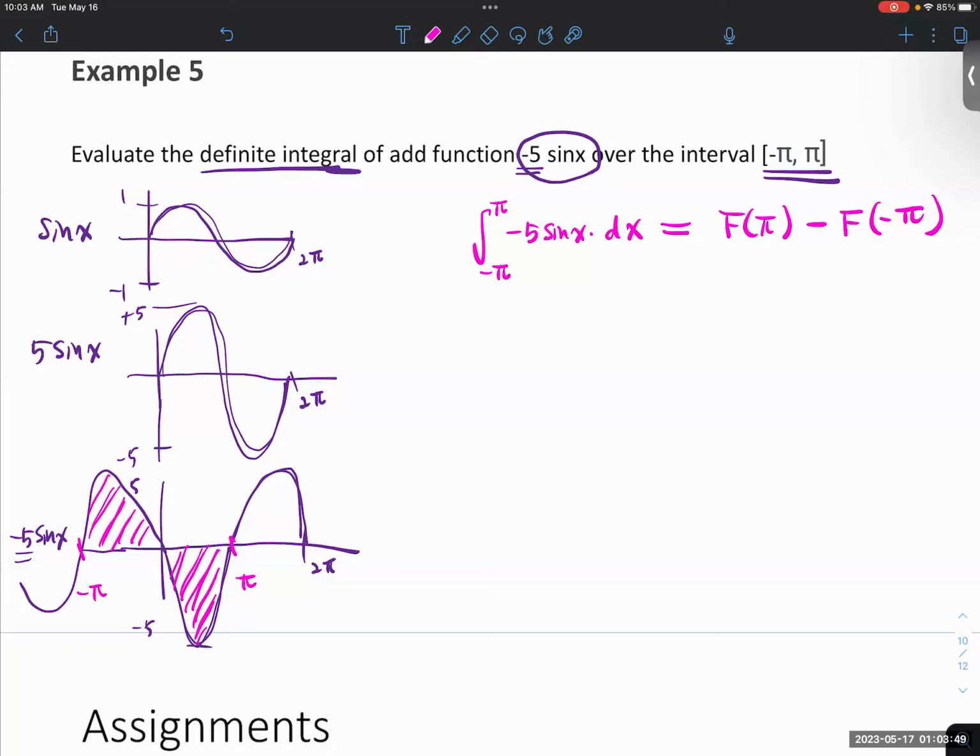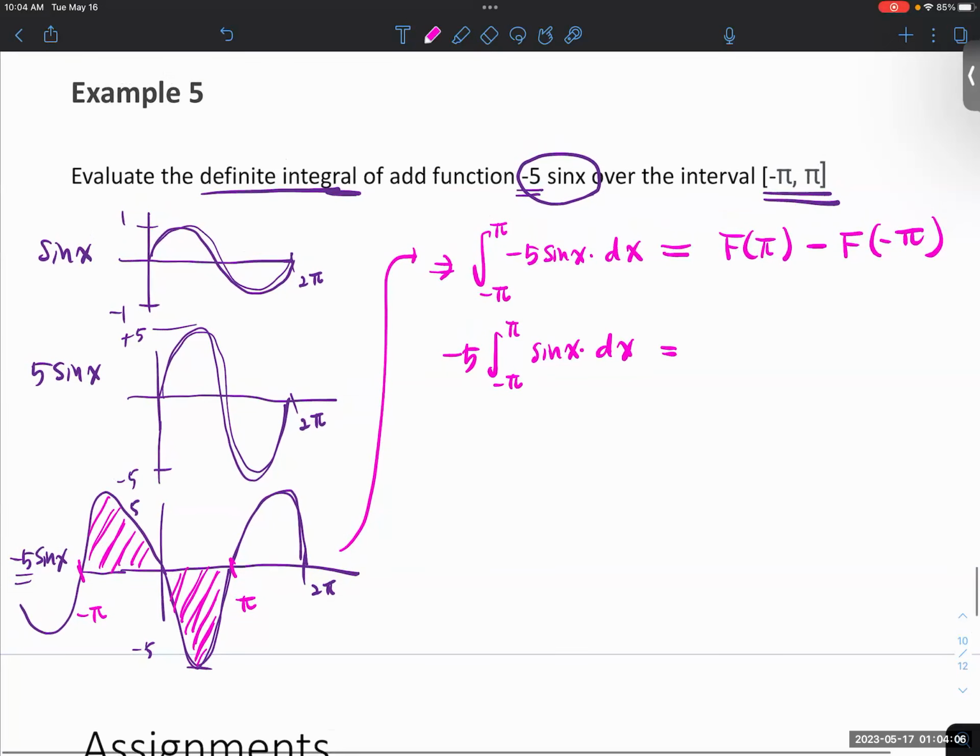So we are going to take the integral. I'm going to bring the negative 5 to the front: negative 5 times the integral of sine x dx.